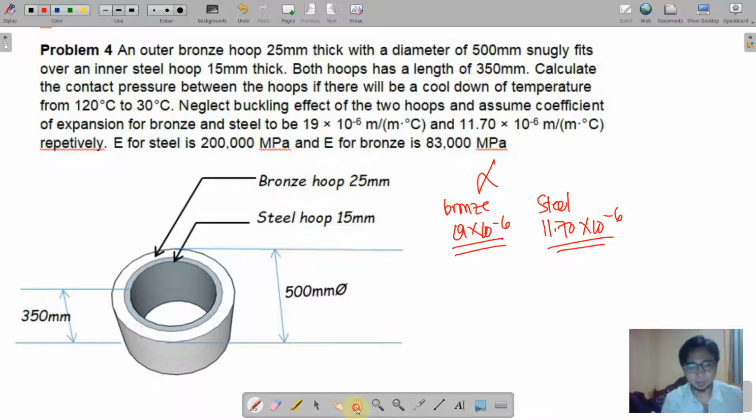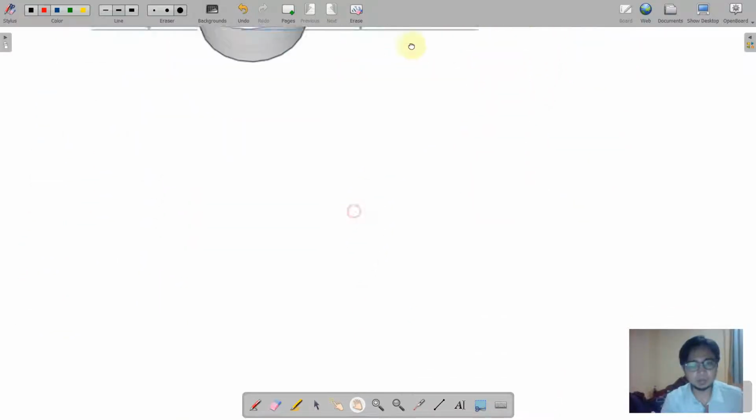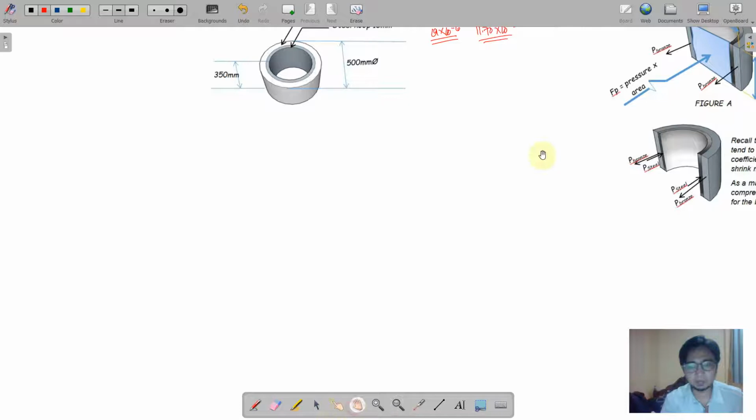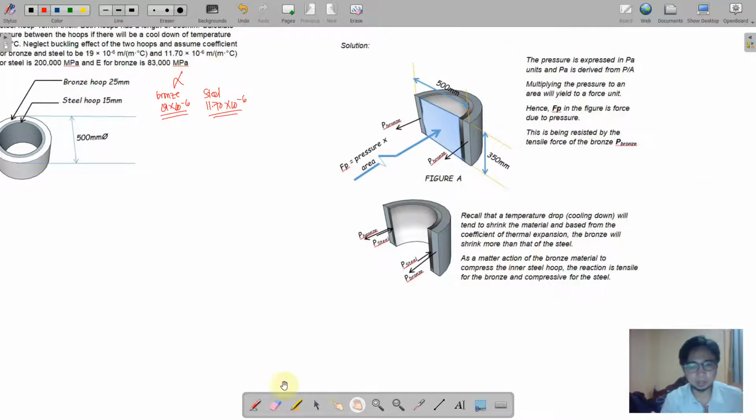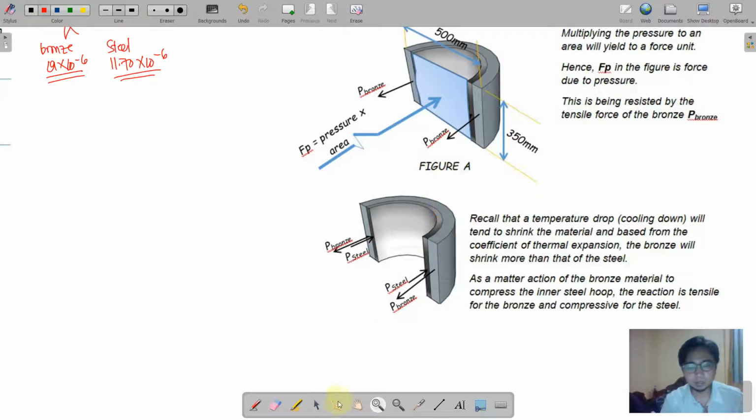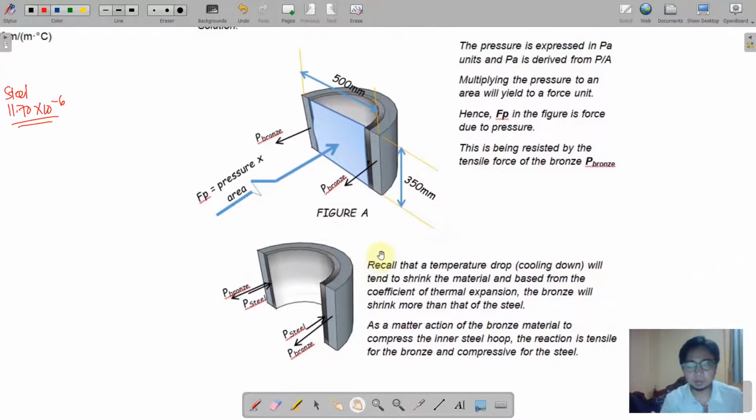So therefore there will be a pressure that will be developed here. So actually I have placed here a figure so that you can see. Okay, so the pressure is expressed in PA. Okay, why? Because there will be a contact pressure between these two hoops.